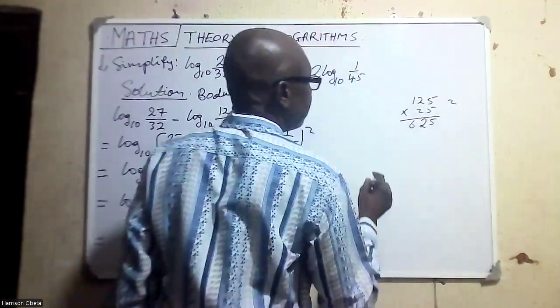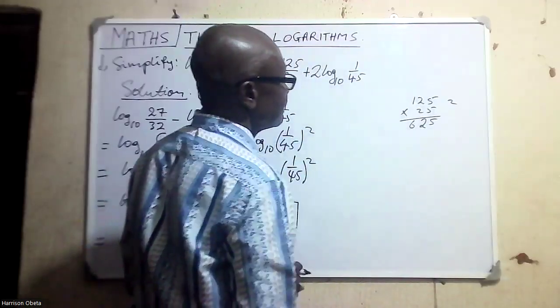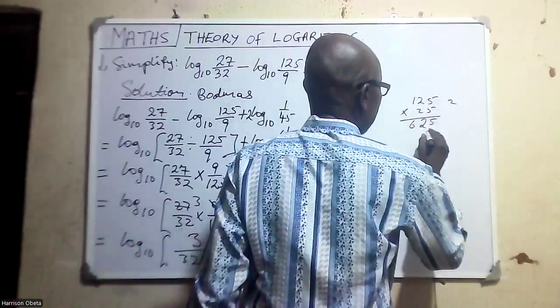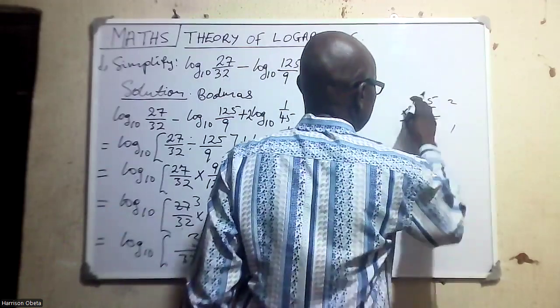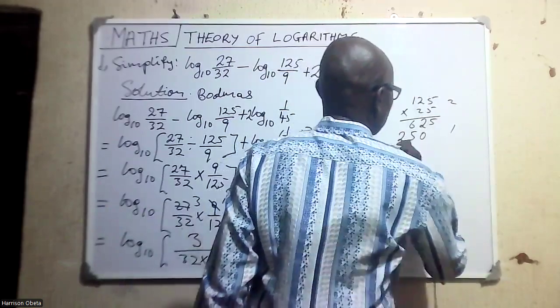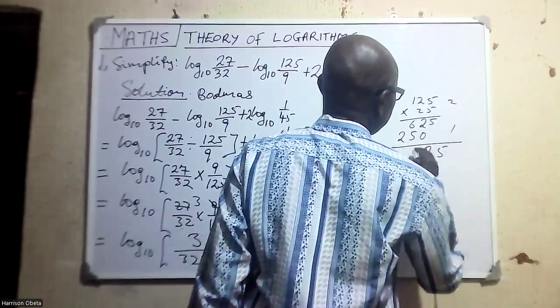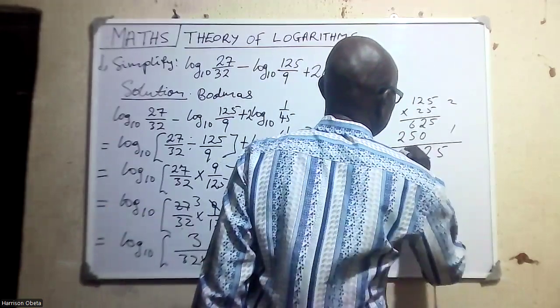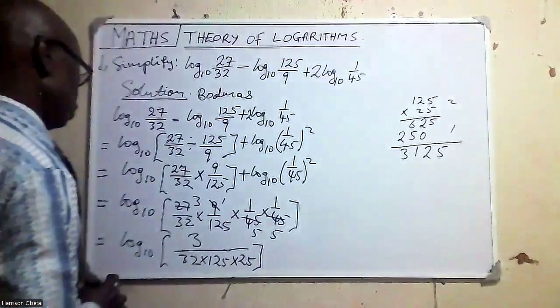That's 5 times 1, 5 plus 1, 6. This time this is 10, 0, carry 1. This time this is 4 plus 1, 5. And this time this is 2. So that is 5, 2, 1, 3. That is 3, 1, 2, 5.